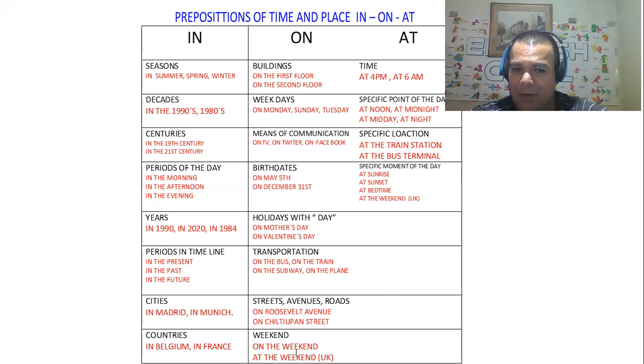I was explaining this right here when we were using on the weekend for American English, at the weekend for British English. Here we have it one more time, at the weekend. So basically this is the way that we use the different prepositions of time and place, in, on, and at, for different categories. And the only way that we can understand this is by practicing.